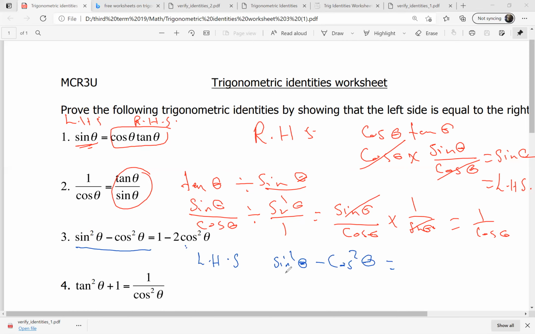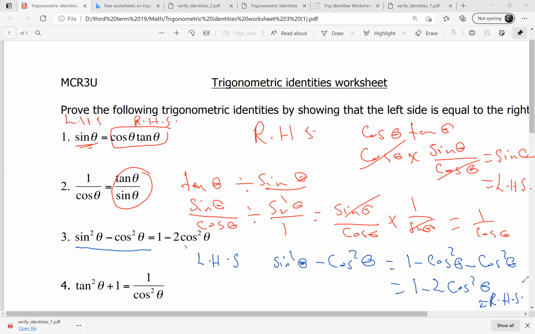So you have to convert from sine to cosine. Sine power 2 has a rule which is 1 minus cosine power of 2 theta. And we have already minus cosine power of 2 theta. It will be 1 minus 2 cosine power of 2 theta. Okay? Which is the right hand side.